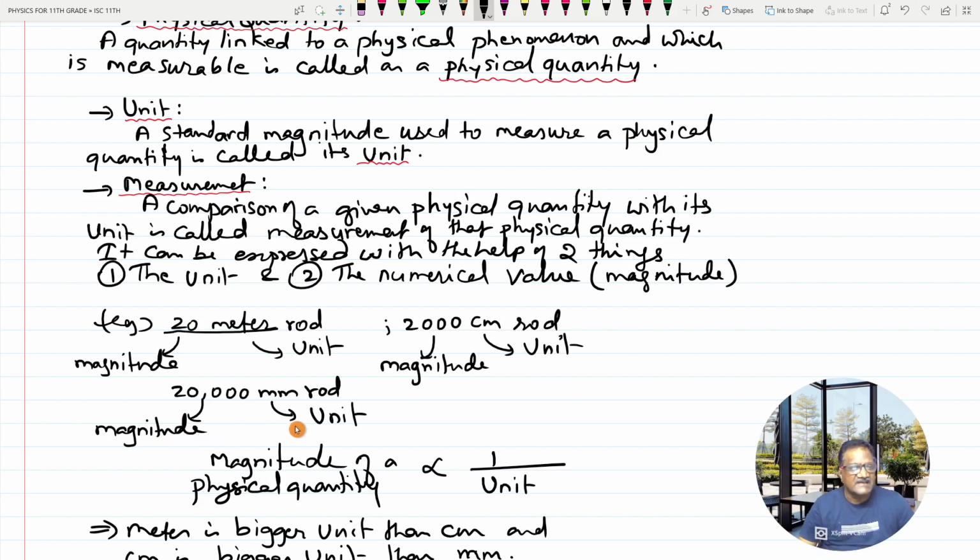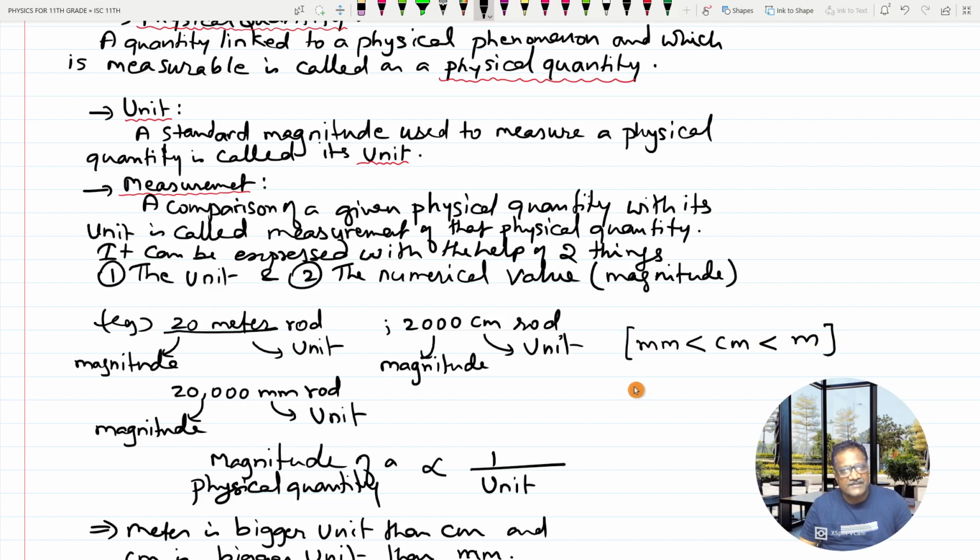Here we say that the unit meter is a bigger unit compared to centimeter, and centimeter is still a bigger unit compared to millimeter. So in increasing order, millimeter is less than centimeter, less than meter. So this is the order of the unit.